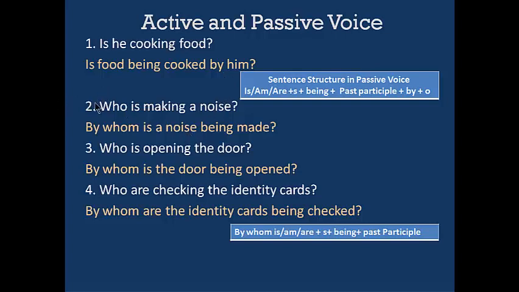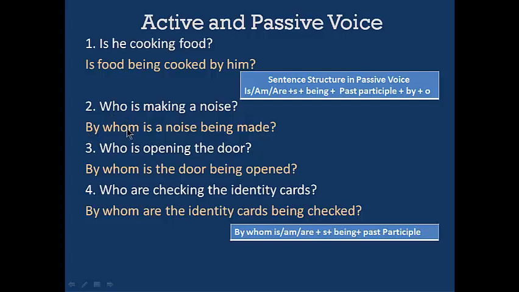Look at the second example given here. Who is making a noise? It starts with who. In the passive voice, we need to add by whom in sentences starting with who.